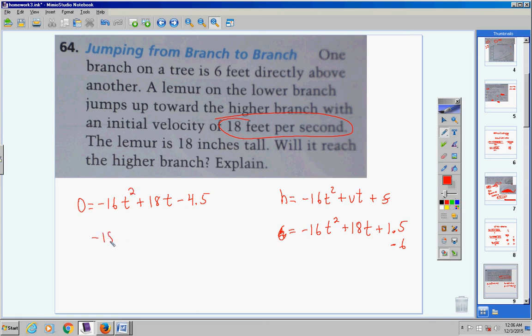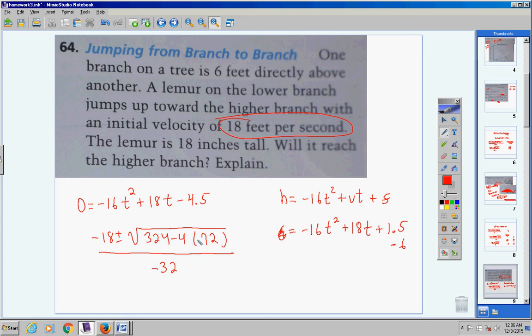So negative b, negative 18 plus or minus the square root of b squared, which would give us 324, minus 4ac. Negative 16, negative 4.5. Negative times a negative is positive. 16 times 4.5 is 72. All over 2a, and a is negative 16, so negative 32.